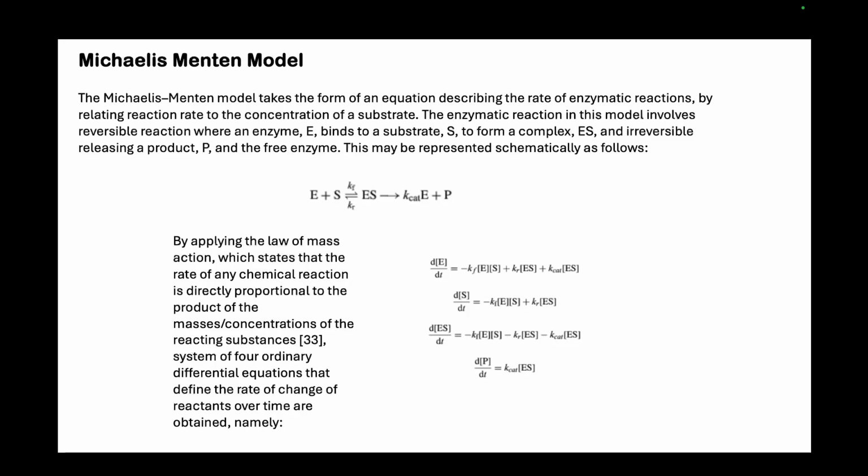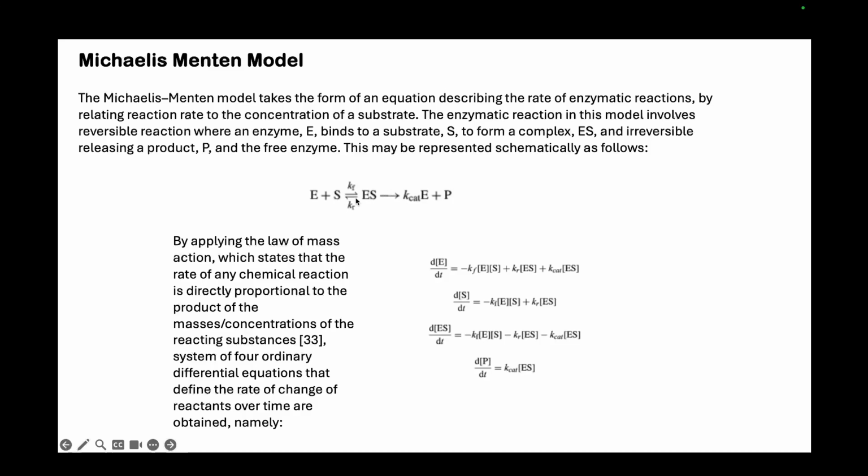Now what the law is telling us is that enzyme plus substrate is a reversible reaction which gives you the enzyme substrate complex. There is a forward reaction rate associated with it, which forms the enzyme substrate complex from the enzyme and the substrate, and there is the backward reaction associated with this Kr, which is the reverse reaction rate, where the enzyme substrate complex gets broken down into enzyme and substrate.